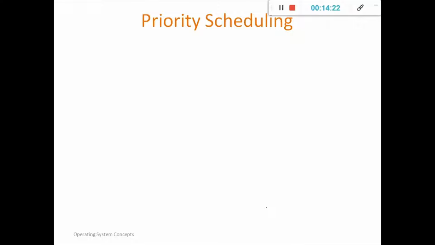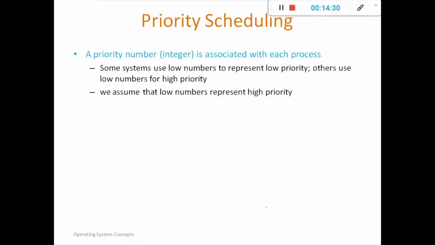The term priority itself means that some priority will be associated with every process. The priority will be defined by an integer number. So a priority number will be associated with each process.